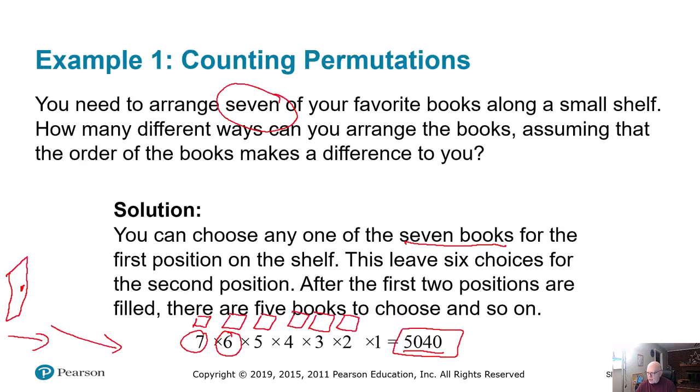Now, if we look back here for a second, notice that in this line right in the middle, you have 7 times 6 times 5 times 4 times 3 times 2 times 1. A nice order to that, isn't there? Well, it turns out that this is a special mathematical model. You start with number 1, next number, going up the integers, and multiply them all together until you have as many as you want. So 1 times 2, 3, 4, 5, 6, and 7.